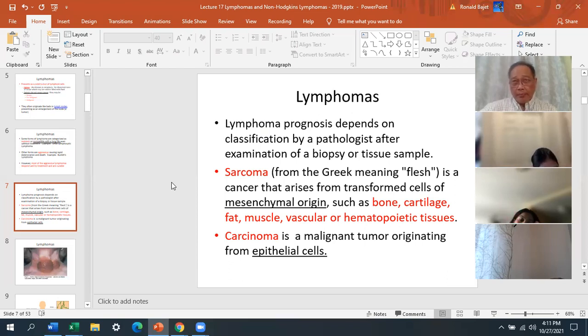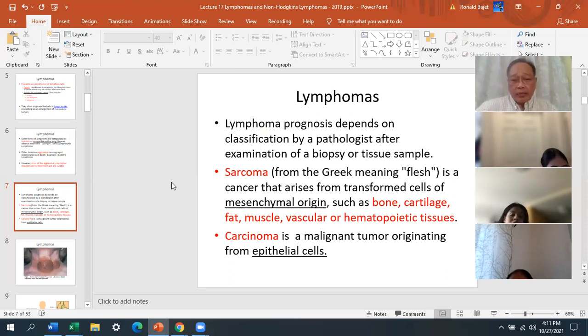If you recall in one of the earlier lectures, cells undergo differentiation, where bone starts to be defined, cartilage becomes defined, fat, muscle, vascular, your eyes, the number of fingers. Those are cells and organs of mesenchymal origin.